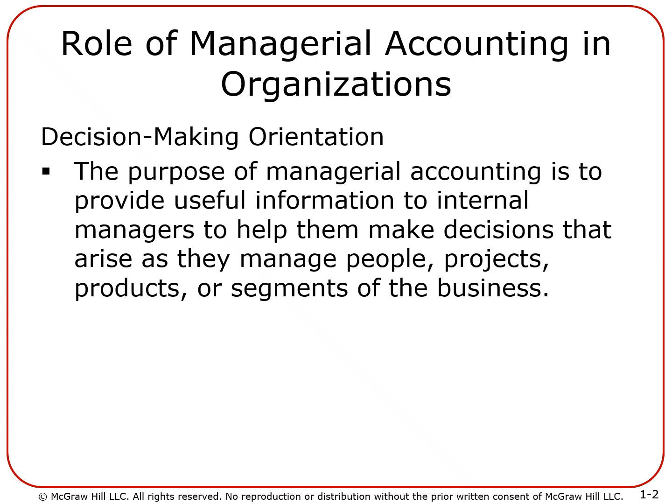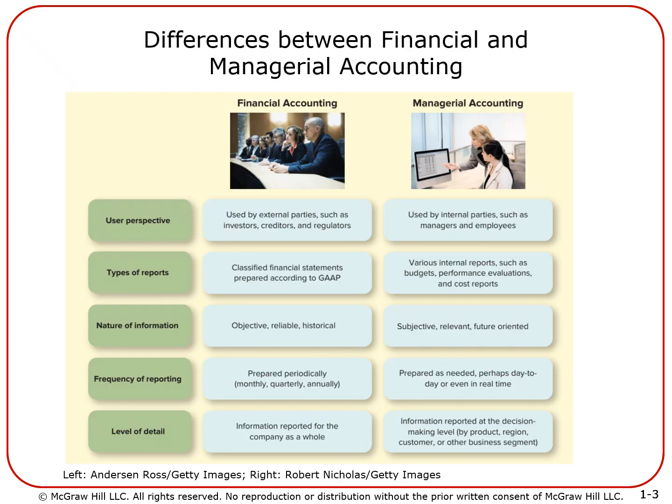And then controlling, which you could also say is managing: with the help of managerial accounting, managers can manage different products, people, projects, or different segments of the business. Anyway, this is just giving you a brief idea. We are not worried about the details. As we keep on exploring different chapters and sections of this course, it'll become clear to you how managers could achieve these functions with the help of managerial accounting.